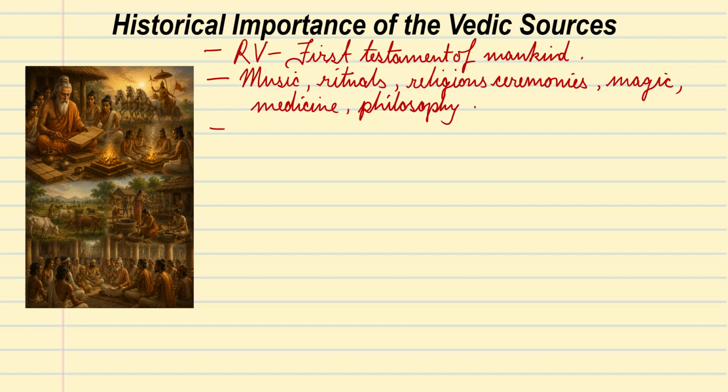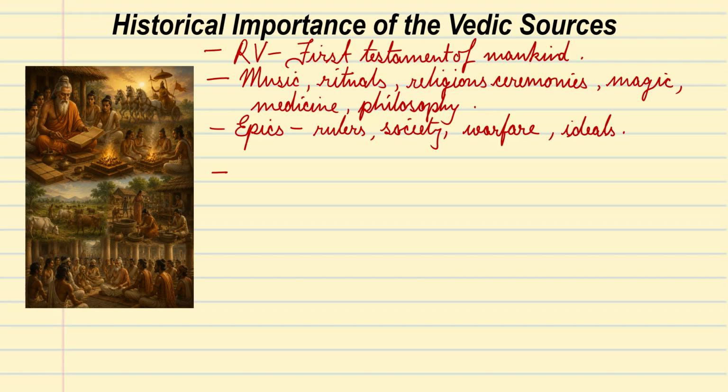The epics provide information about, so epics are also there. What information do we get about from the epics? Rulers, society, then warfare and ideals, the morality of people, ideals. All these information can be obtained from the epics.